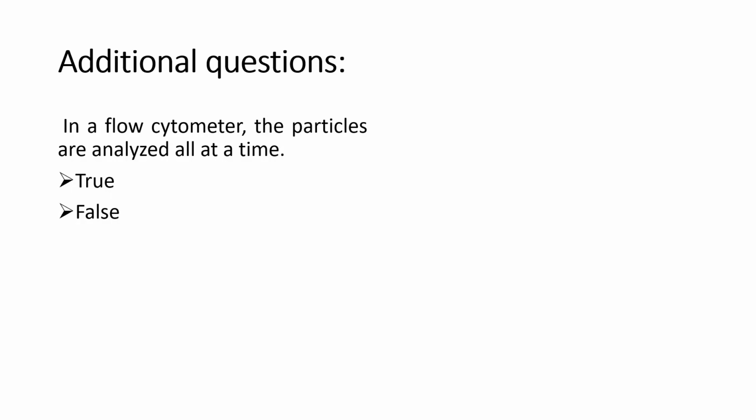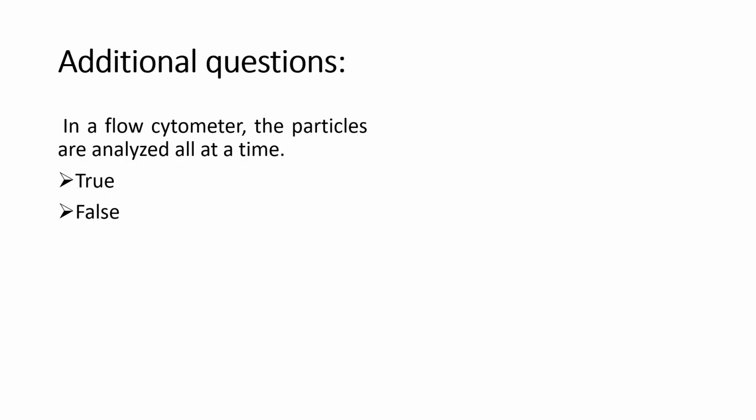Next, we have the next additional question. In a flow cytometer, the particles are analyzed all at a time. Is this statement true or false? You can write the answer in the chat box. All of you are saying that it should be option B, that is false.